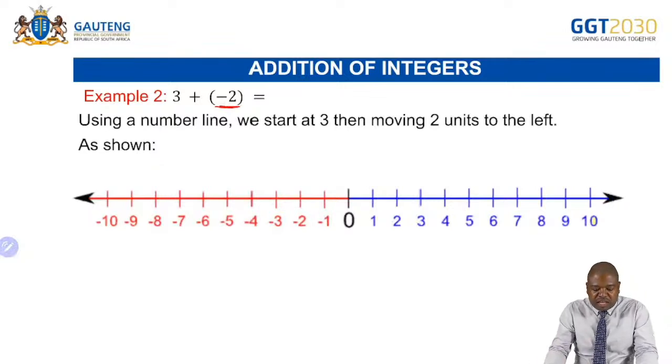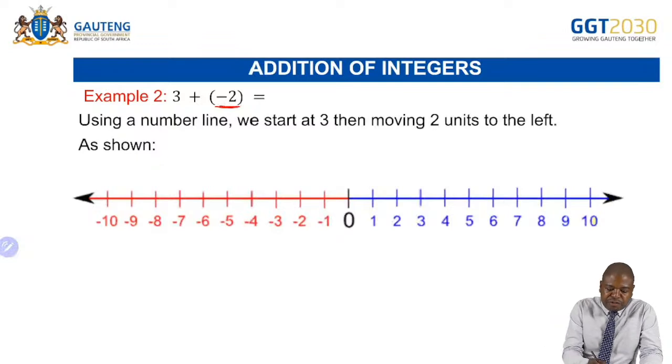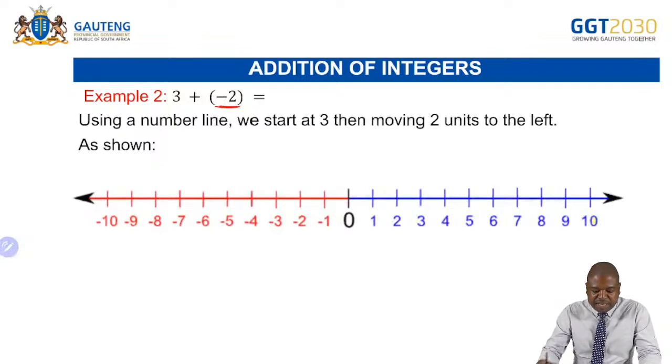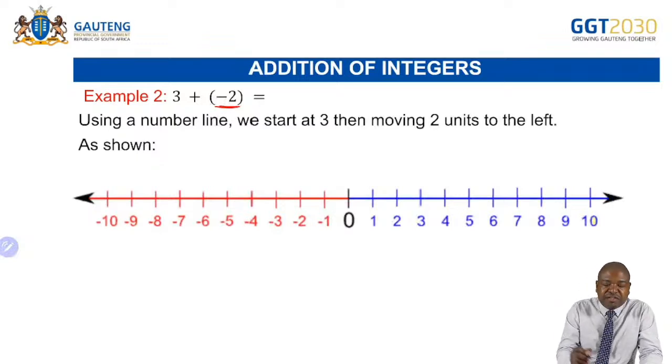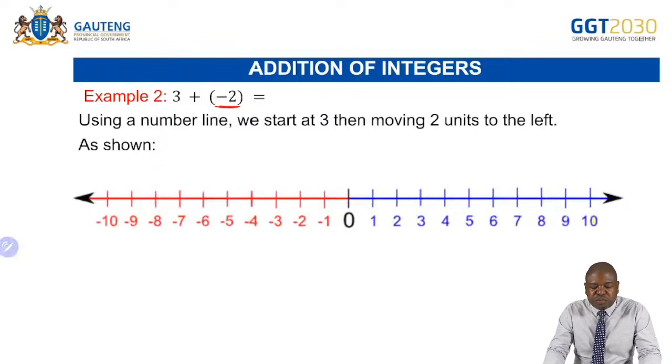The negative sign there tells us the direction we are moving, right? If we were adding a positive number, we were going to move to the right. But then if we are adding a negative number, it means we have to move to the left. So we start at 3 and then move 2 units to the left.